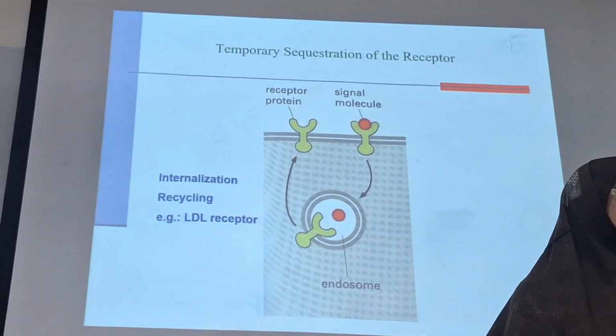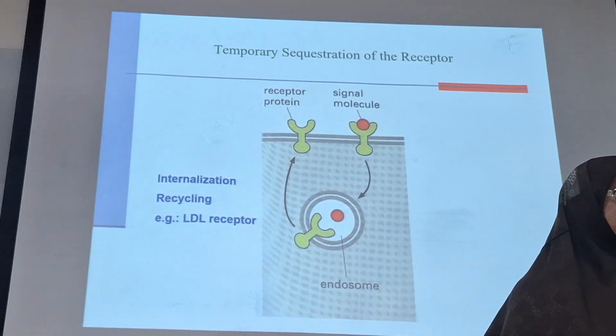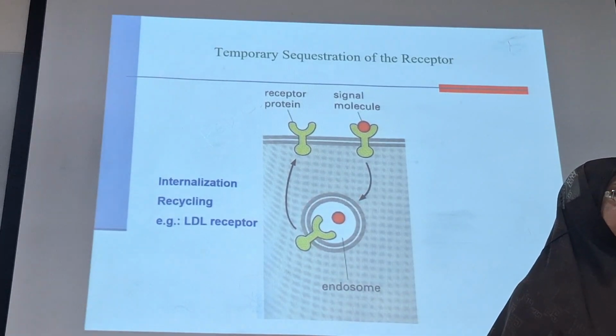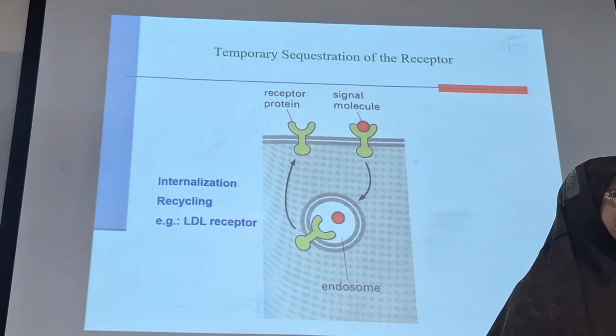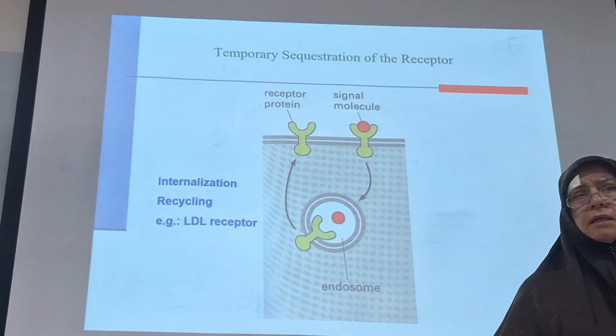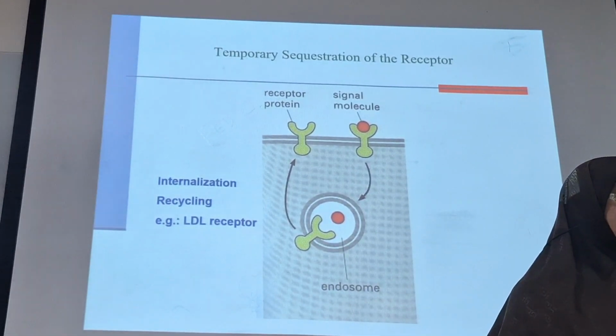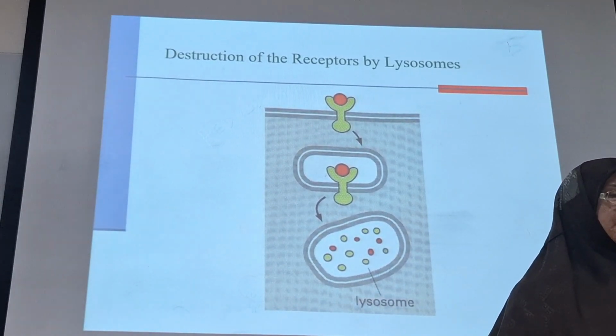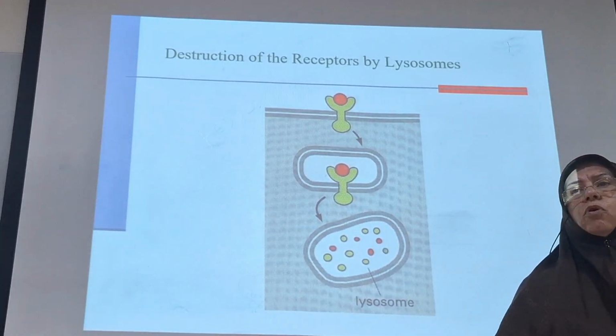Here you see internalization. After the hormone binds to the receptor, the hormone-receptor complex is internalized inside the cell, and the receptor resides in the cell. In some other hormones, after internalization, lysosomal enzymes destroy the receptor and hormone.